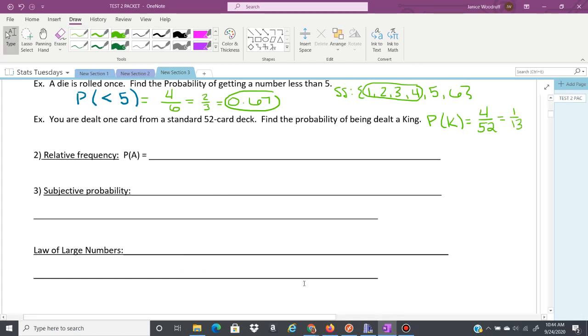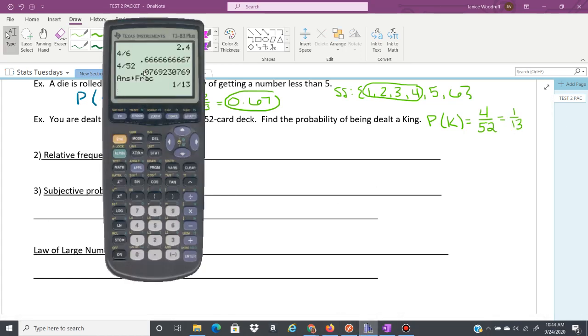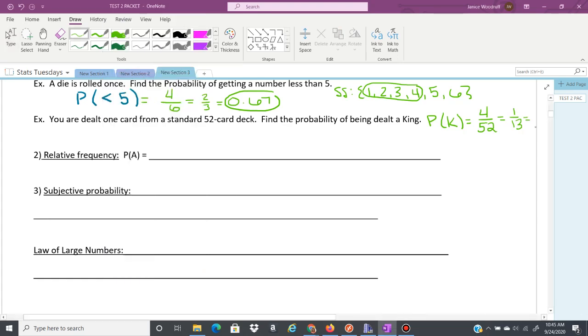What was that as a decimal? We'll do 3 places for that: 0.077. So the probability of being dealt a king is 0.077.